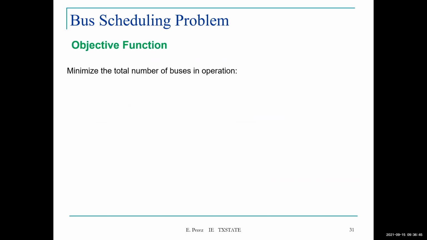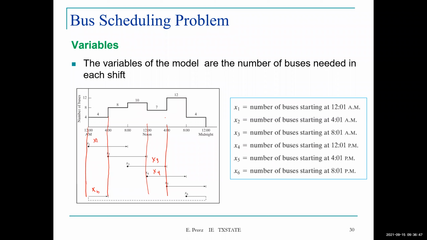So that's what we needed to go back to, looking at each 4-hour time period, which decision variables were addressing that time period. So for example, from 12 to 4 a.m., decision variables X1 and X6 will be taking care of that 4-hour time period.